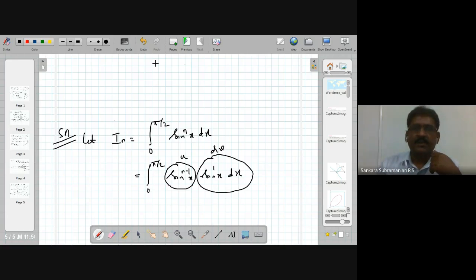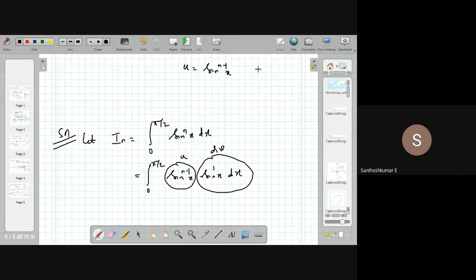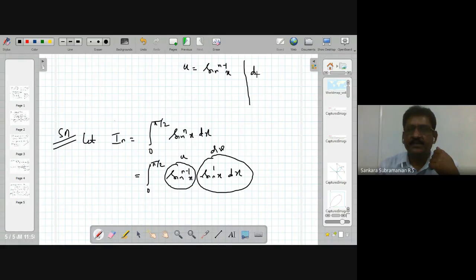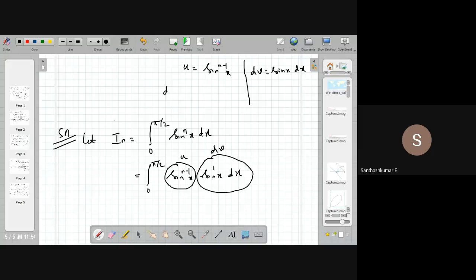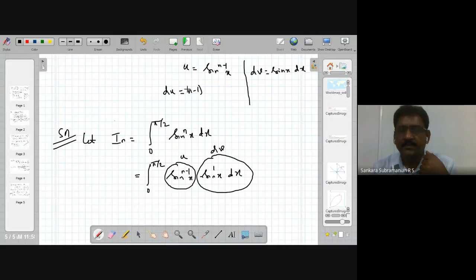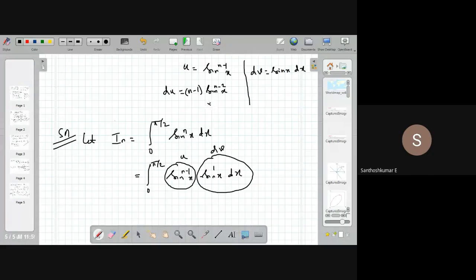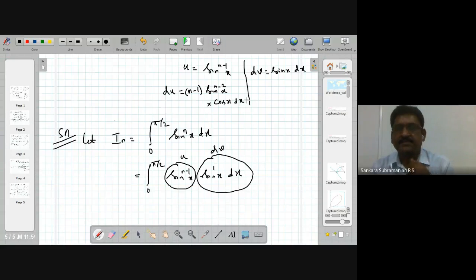Okay, so now we start with u. u is given as sin to the power n minus 1 x and dv is given as sin x dx. If you differentiate it, you get du equal to n minus 1 times sin to the power n minus 2 x into cos x dx.